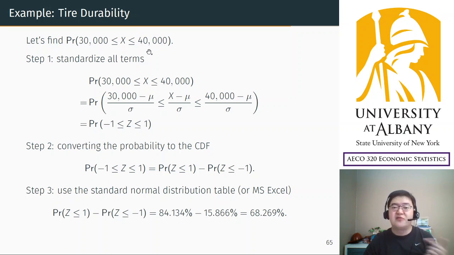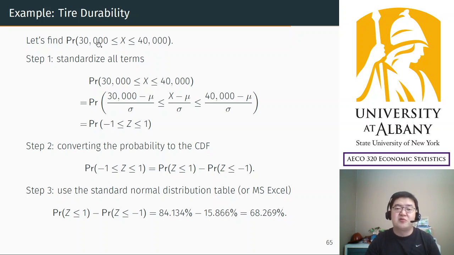So you see the difference in the unit. To make the unit consistent, you have to standardize every term, every part of the inequality, right? In the end, the standardizations are -1 and +1.